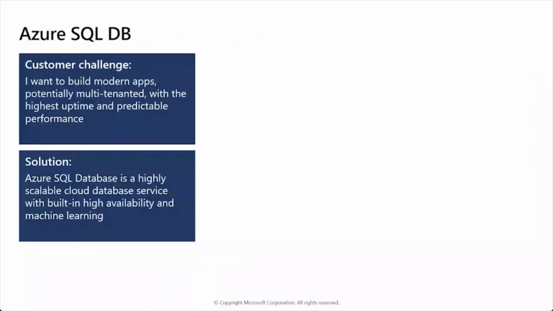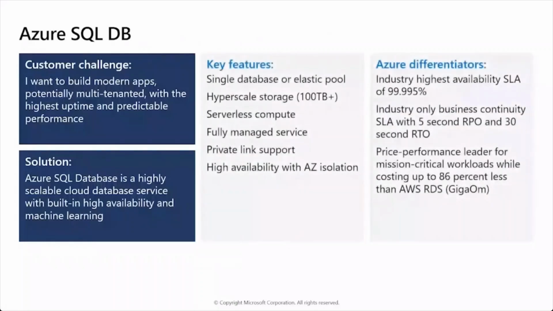It's often used for modern cloud applications that need to use the latest stable SQL Server features, applications that require high availability, and systems that have a variable load. So if your database server needs to scale up and down very, very quickly, Azure SQL Database is able to support that.